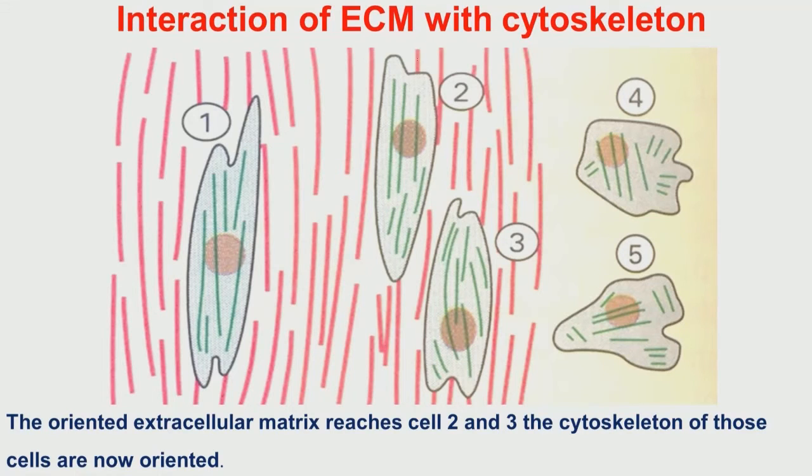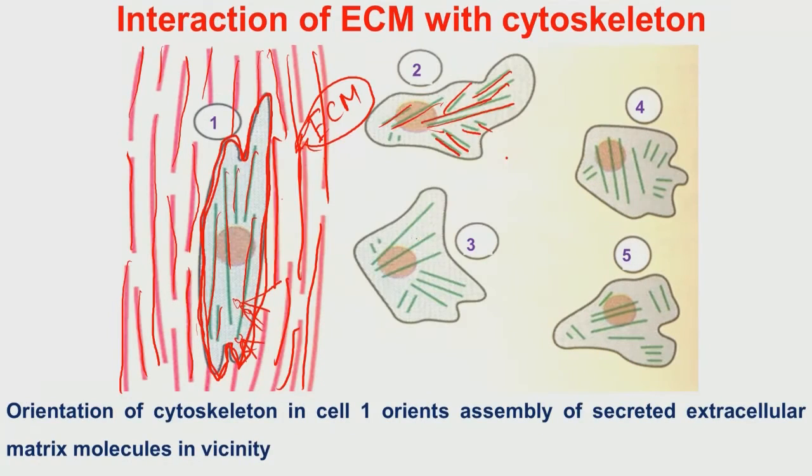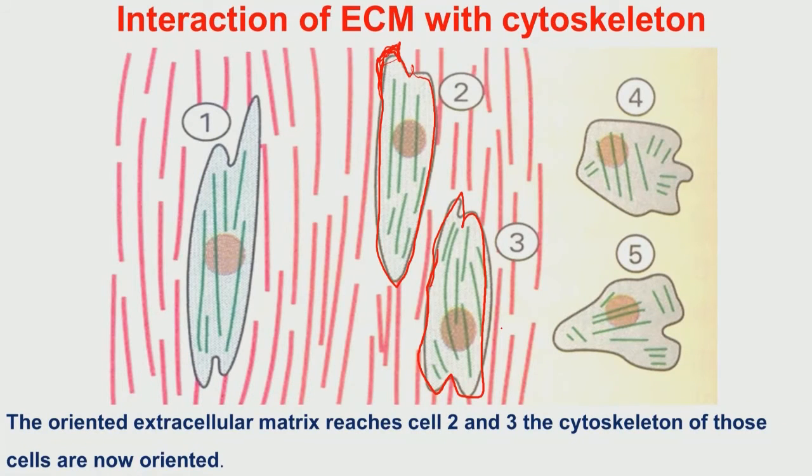In the next slide, as you can see, as extracellular matrix formation progresses, cell number 2 and cell number 3 undergo cytoskeleton reorganization. As I said, this is one of the ways that a cell adapts itself, by cell shape changes, and that is exactly what happens. If you see the cell shape here marked as 2 and 3, you would be able to realize a distinct difference in terms of cell shape and cytoskeleton orientation.